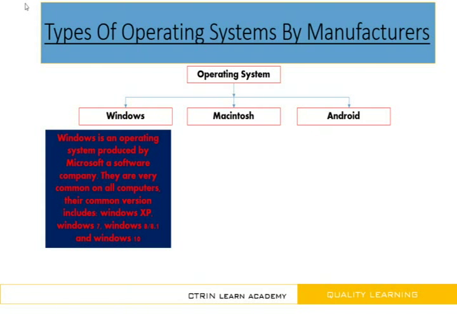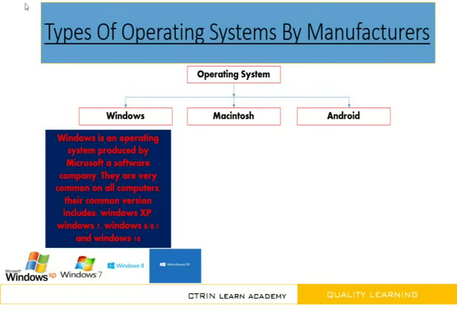The common ones I will mention are Windows XP, Windows 7, Windows 8 and 8.1, and Windows 10. During this session, we'll show you the differences between the various Windows.